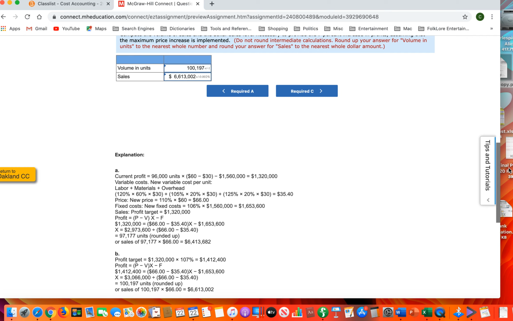We got the same numbers here, $1,412,400, and the same fixed cost.